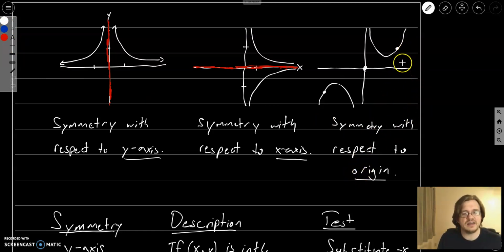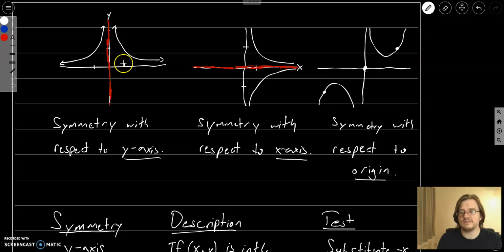And the idea here is that if you were to rotate this by 180 degrees, so if you were to get this section down here, the graph will look the same. So this is more rotational symmetry rather than a reflection. This is called symmetry with respect to the origin.